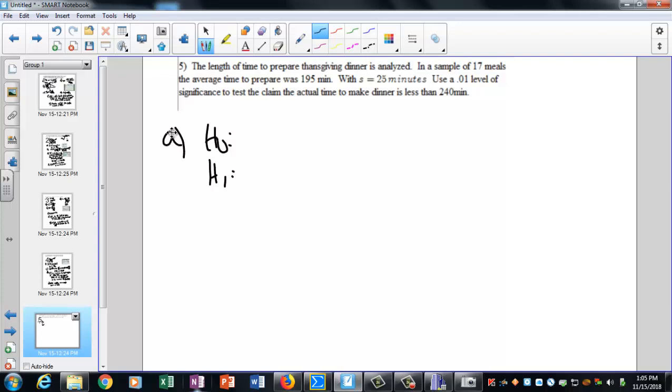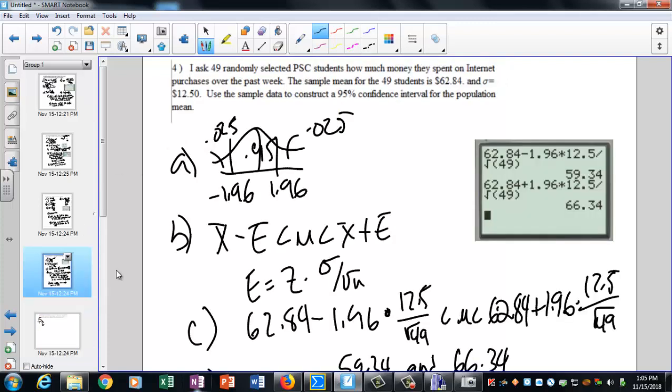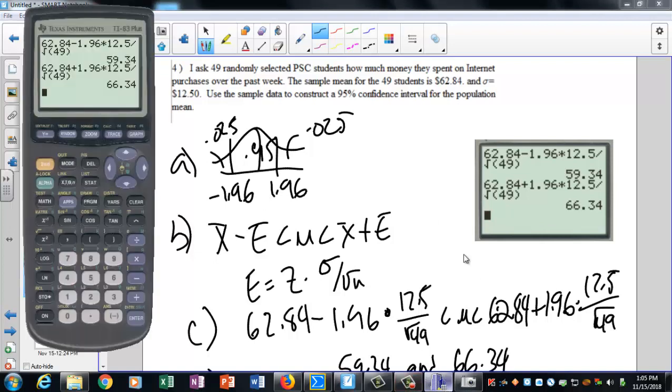I apologize. Let me pause this, number 5. I do want to go back to this and show you on the calculator: stat, test, Z interval. Make sure you're on stats. Sigma is equal to 12.5.